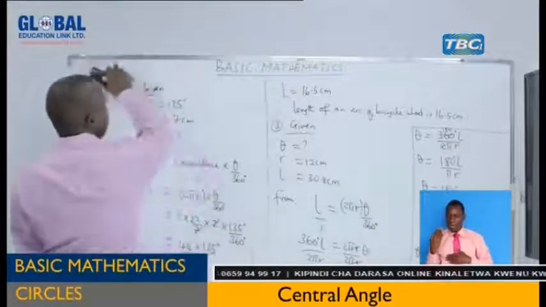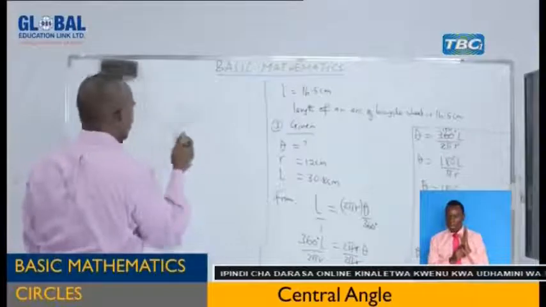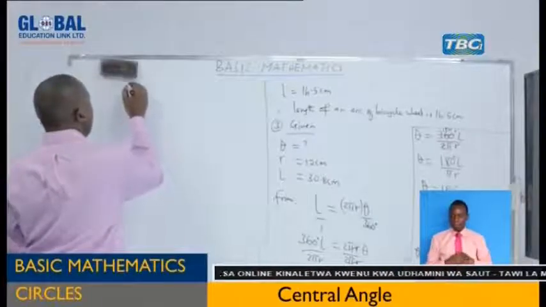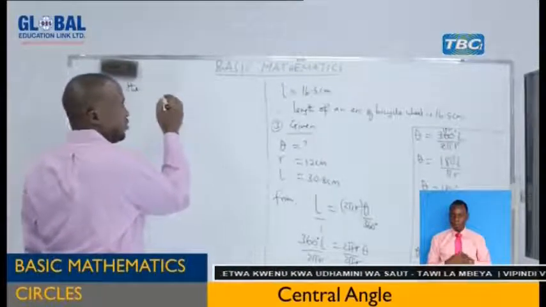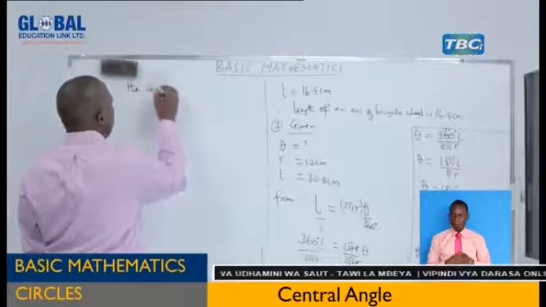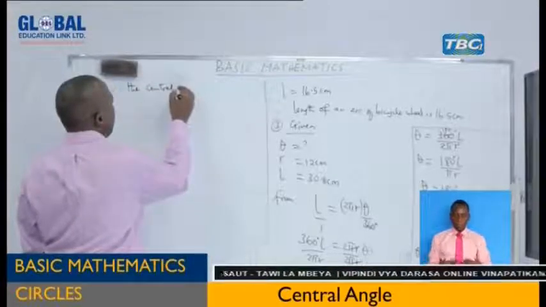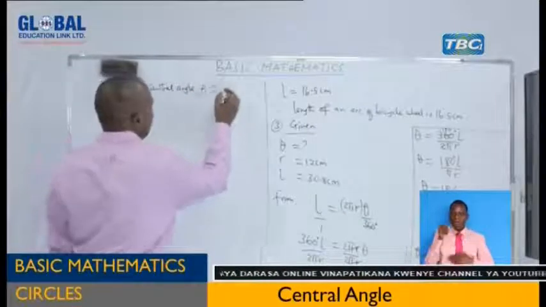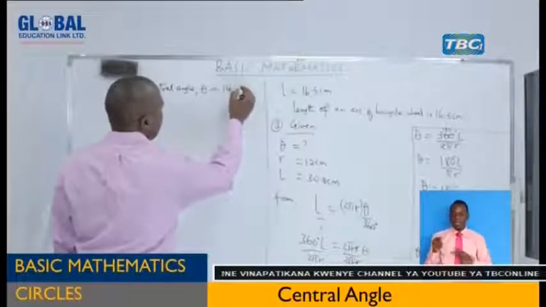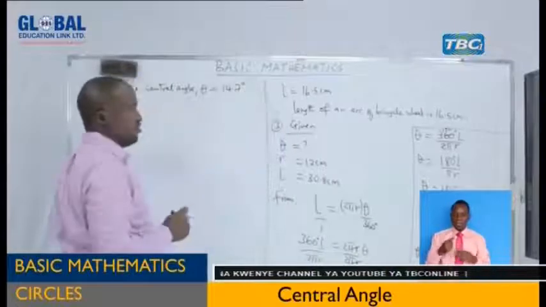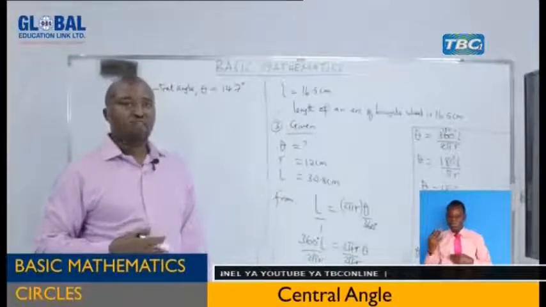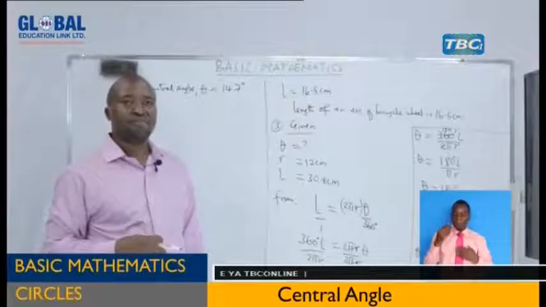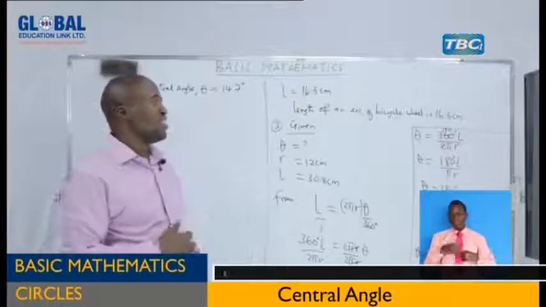Therefore, we say the central angle theta is equal to 147 degrees.